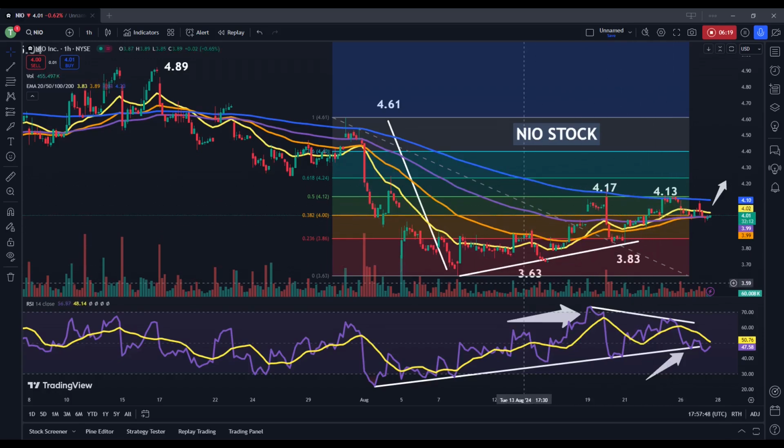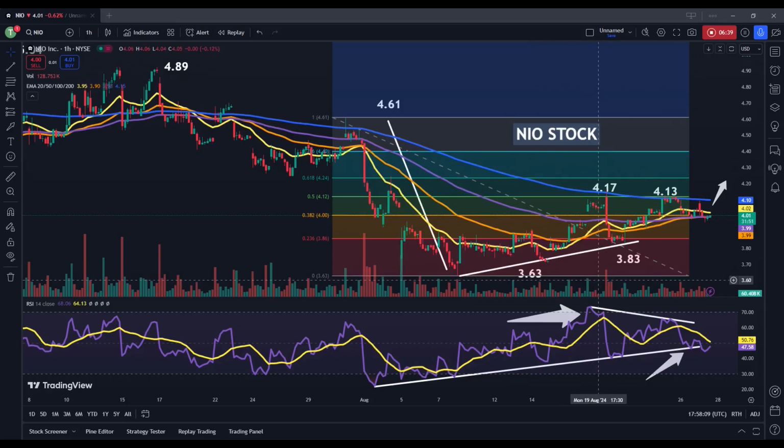And overall, I do still think that the balance of the evidence rests to the top side, given the fact that there's much more of a distance, I should say, between this $3.63 level versus this $3.83 level. To the top side, what we're seeing is a distance of only 4 cents. And then to the downside, what we're seeing is a distance of 20 cents.